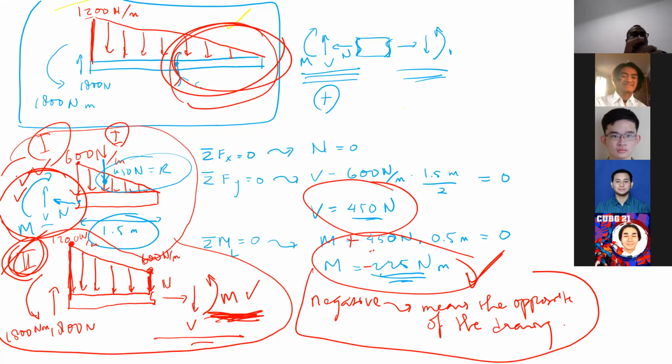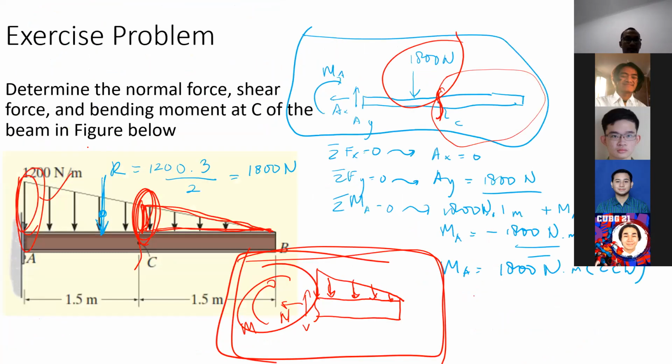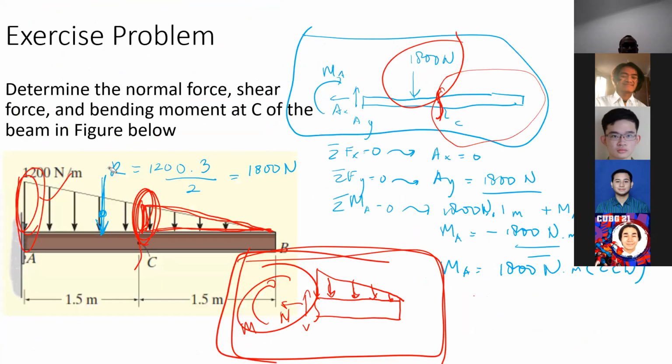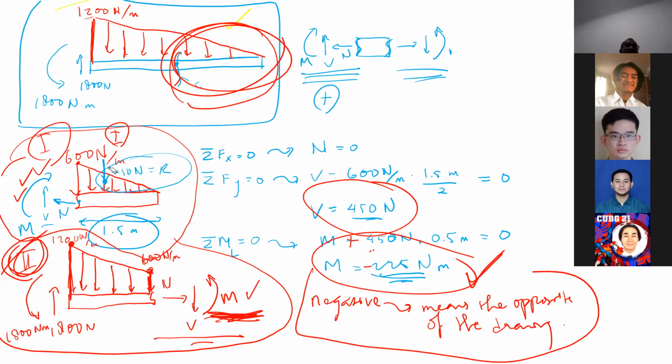And to solve for this, we can draw the representation of the resultant of the distributed force. So we have 600 Newton per meter, and the length is 1.5 meters. So the total is 600 Newton per meter multiplied by 1.5 meters divided by 2.